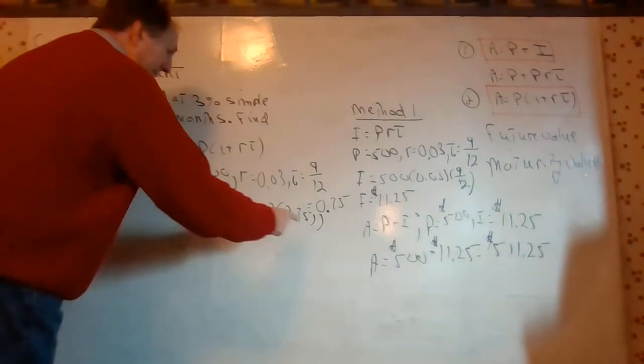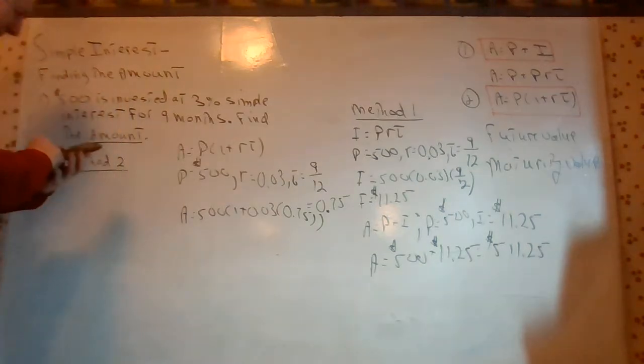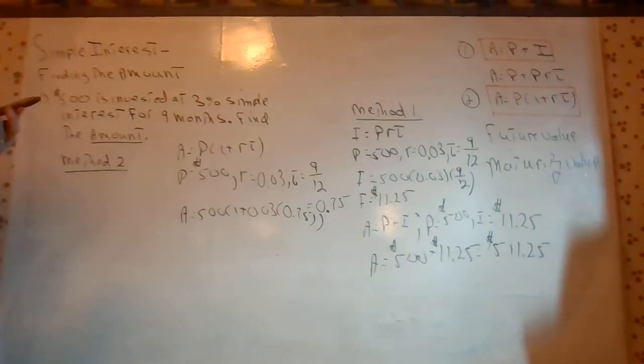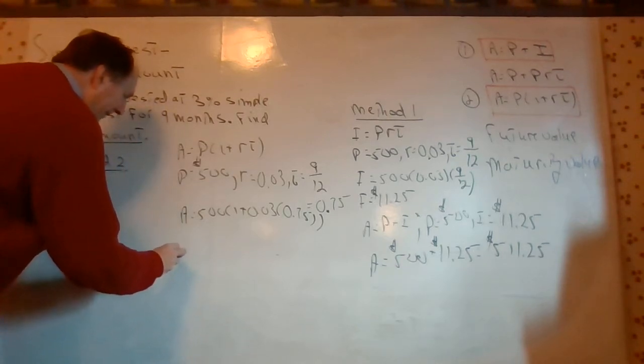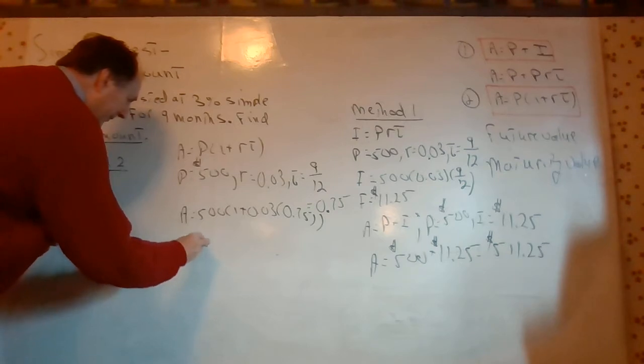You should figure out this part in here. 1 plus 0.03 times 0.75 equals, and I get 1.0225. So you can rewrite this with that partial calculation.